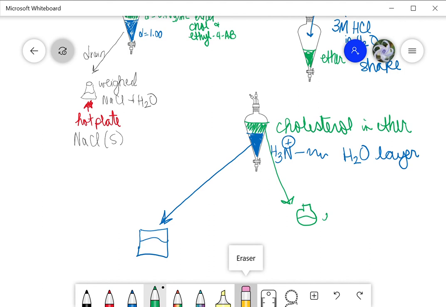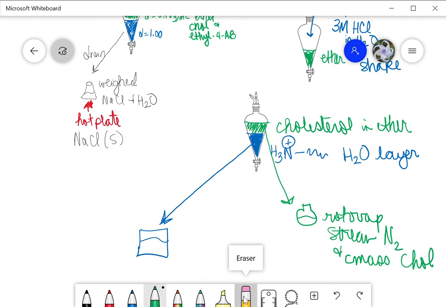I can either put that on the rotovap, or I can just use a stream of nitrogen. And then I can get the mass of my cholesterol.